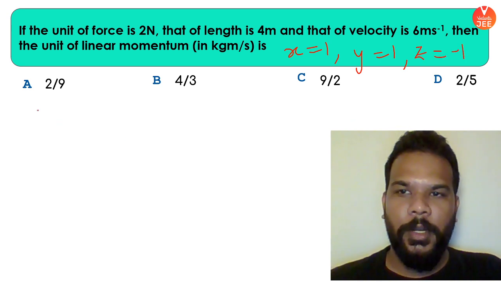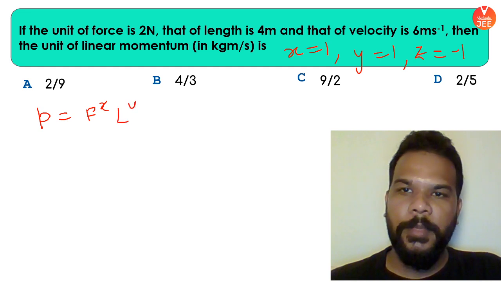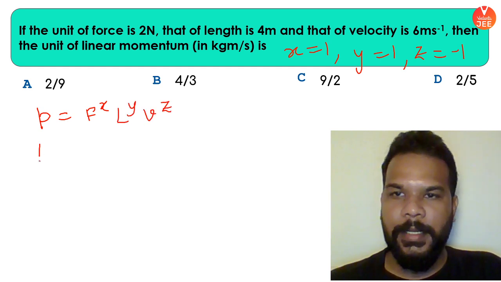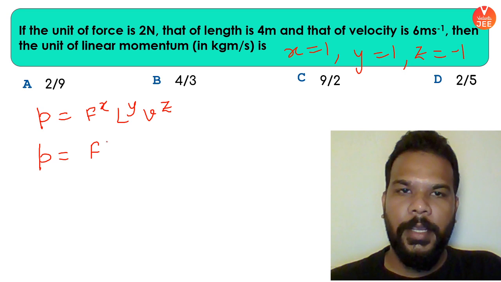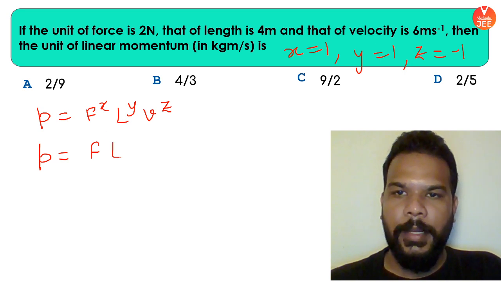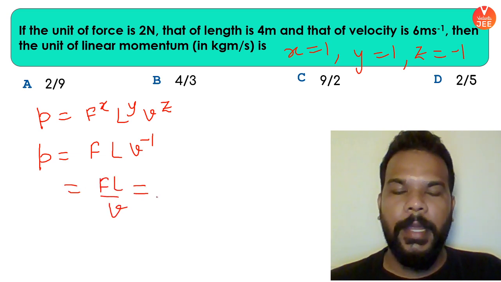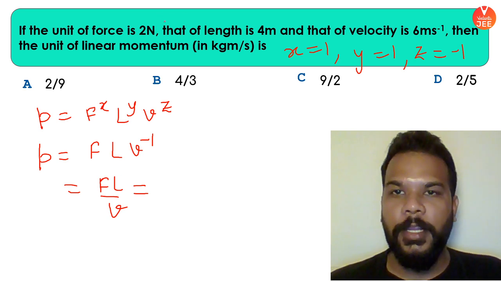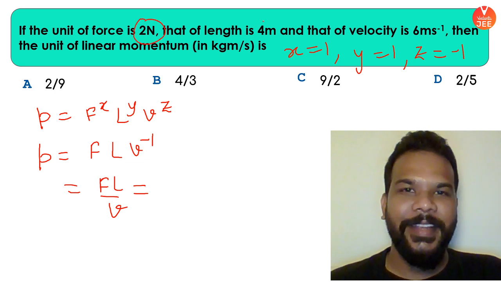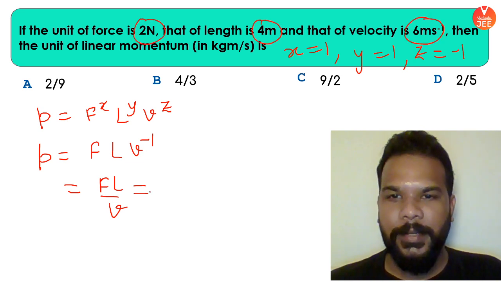That means the momentum formula, which was force to the power x, length to the power y, and velocity to the power z, comes out to be P equal to F to the power 1, L to the power 1, and v to the power minus 1, which is basically FL by v. Now you are going to put the units of the force, length, and velocity here.